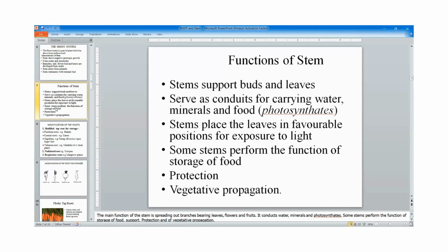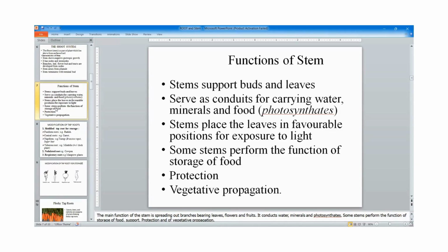Stem performs the function of food storage in crops like sugarcane, yam, potato, and other underground stem plants like ginger that has rhizome, yam that has corm. Stem also serves as protection to the plant.